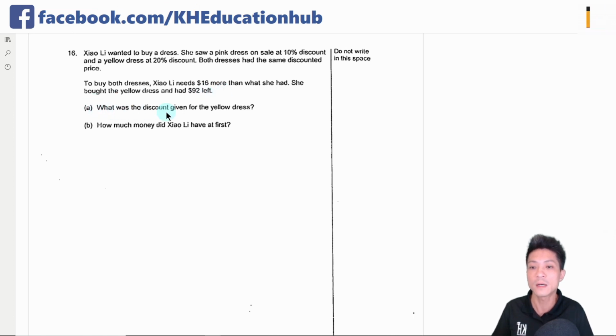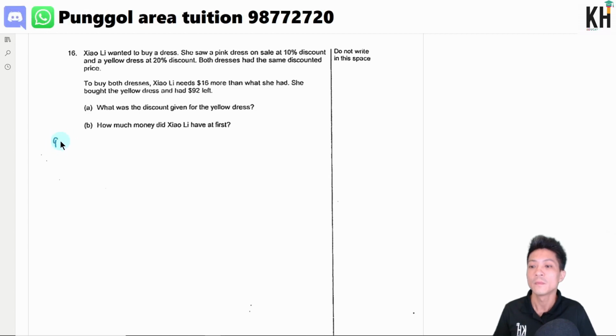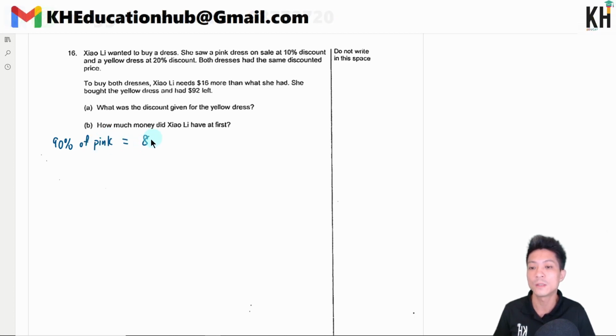Okay, what was the discount given for the yellow dress? Okay, both dresses had the same discounted price, which means that 90% of the pink is equals to 80% of the yellow.